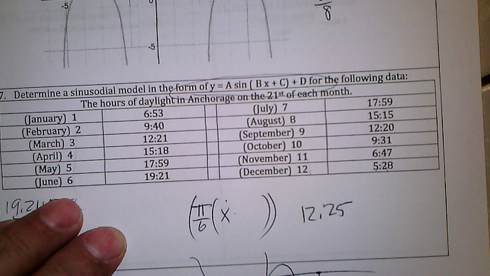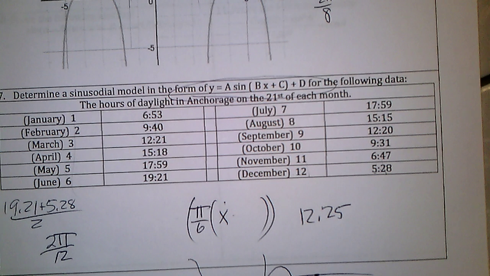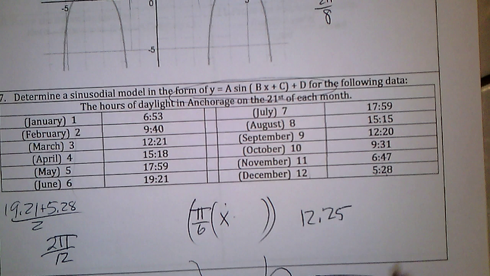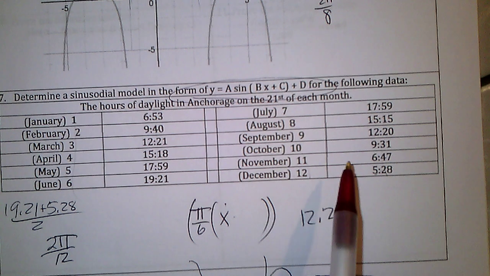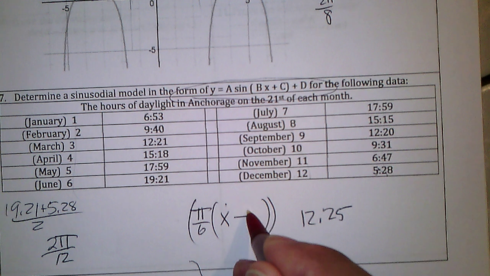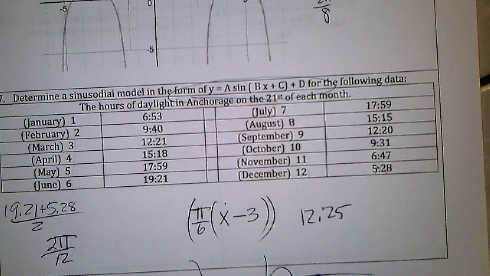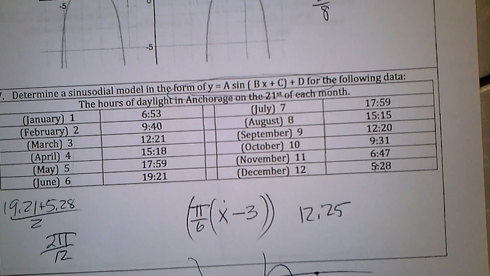And we want the lowest to be at 0. So we'd have to move the sine over 1/4 of a period. The period is 12 months, so we'd have to move it over 3 months to be the low part at 0. December is 0. So minus 3 to move it plus 3 months. That would get the months in the right place.